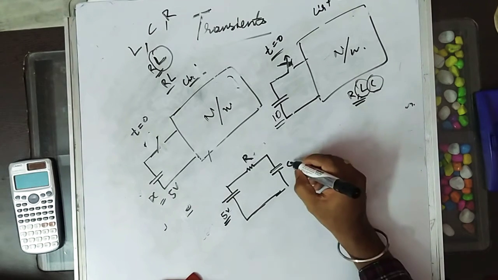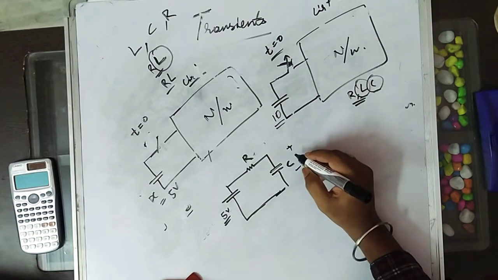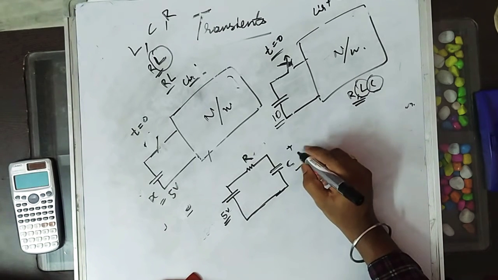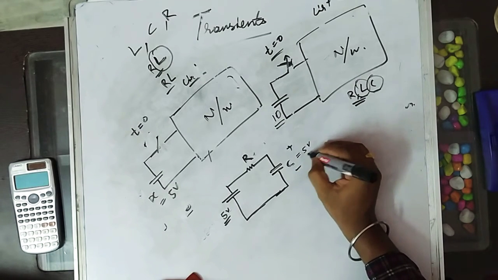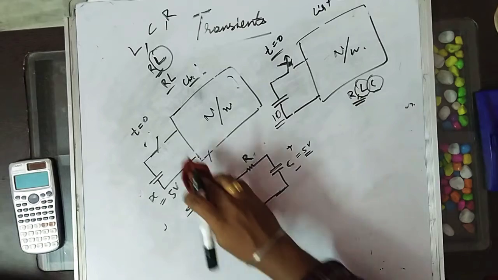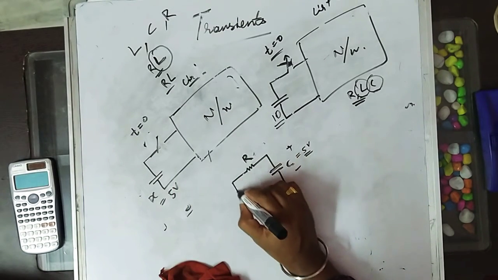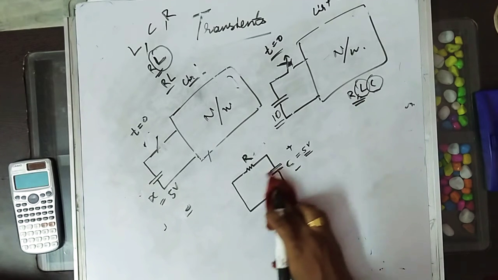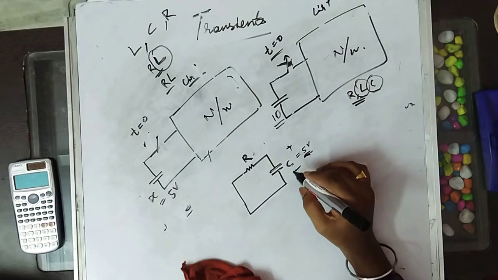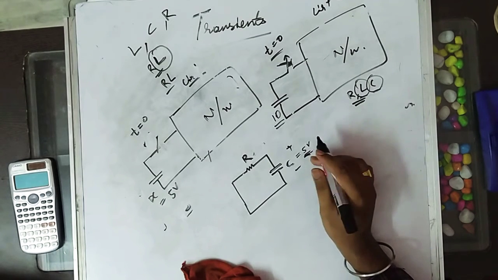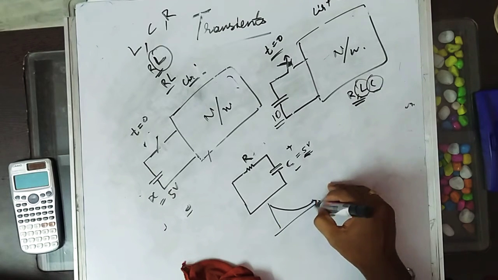The capacitor will store voltage. Let us say at steady state it stored 5 volts. Now I remove the source and short circuit it. This accumulated 5 volts will decay in the circuit.